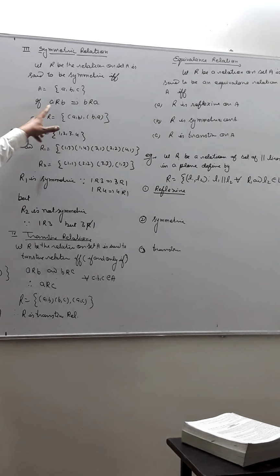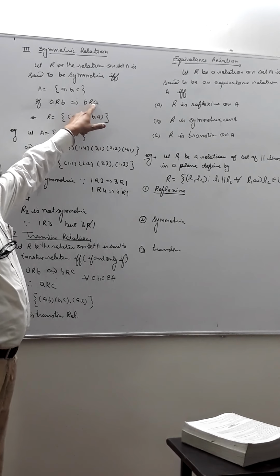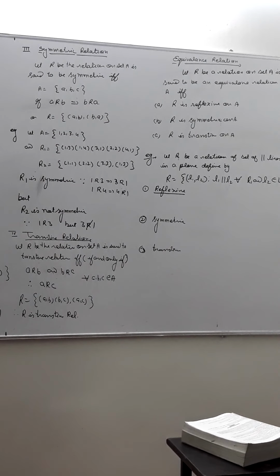If a is related to b in the set, then b must also be related to a. These types of relations are known as symmetric relations. In relation R, a is related to b, therefore b is also related to a.